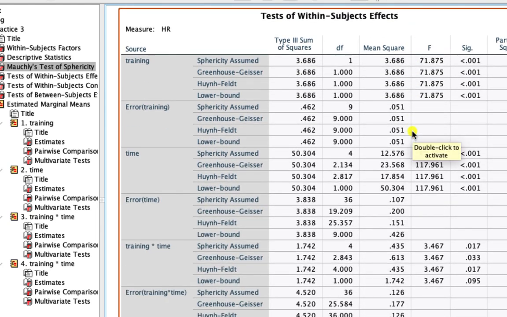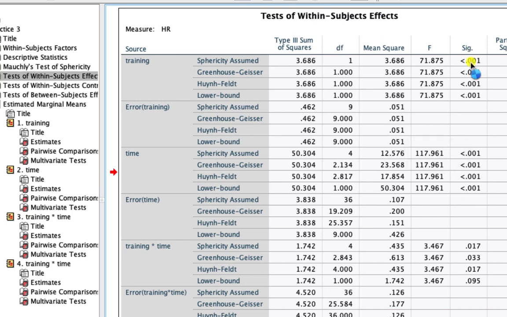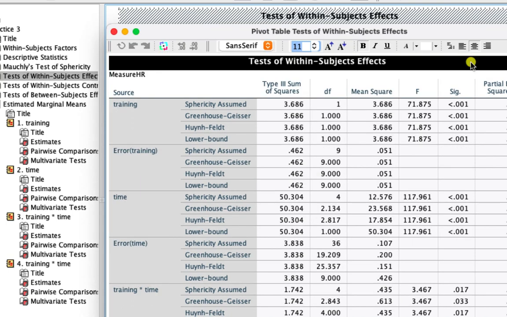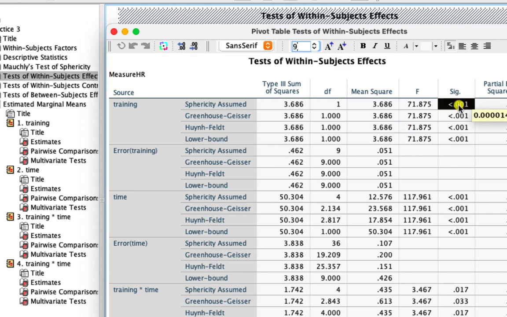So then we can go to our tests of within-subjects effects. Right off the bat, I'm going to double click into my table. I'm going to highlight the p-value for my training programs because we assumed sphericity.